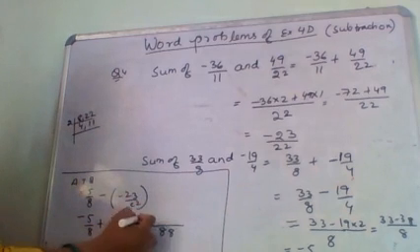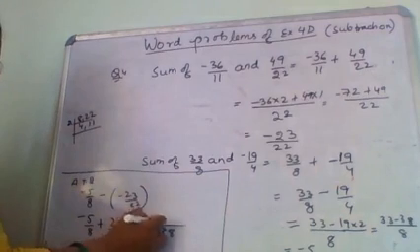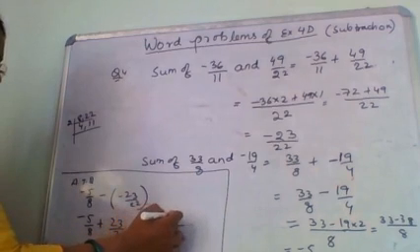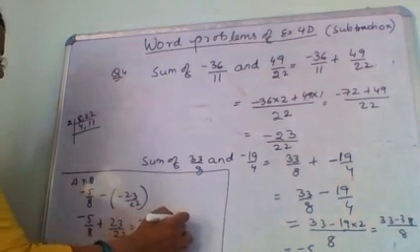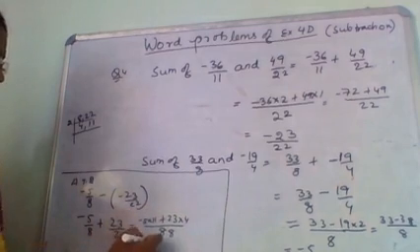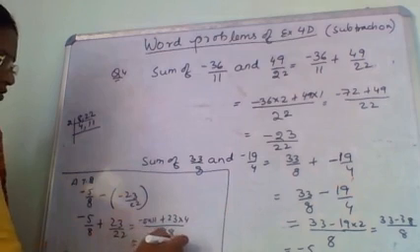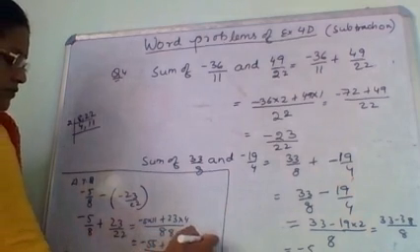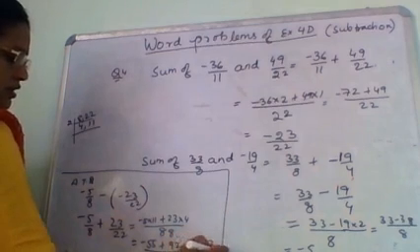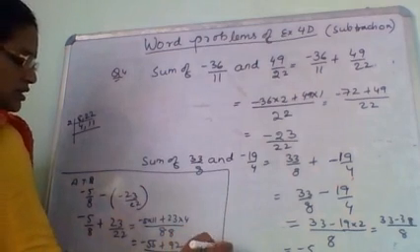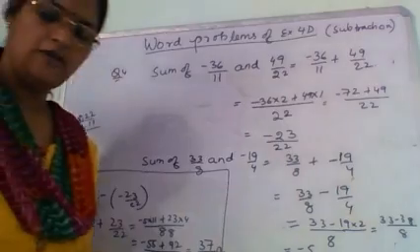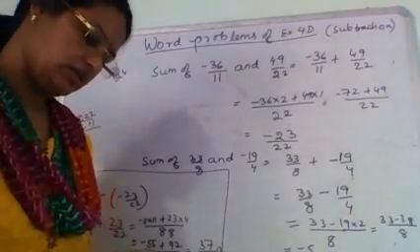So 8 11s are 88. So minus 5 into 11, and here 22 into 4, so 23 into 4. Minus 55 plus 92 by 88. 37 by 88. Answer. This is how you do the word problem of the questions.